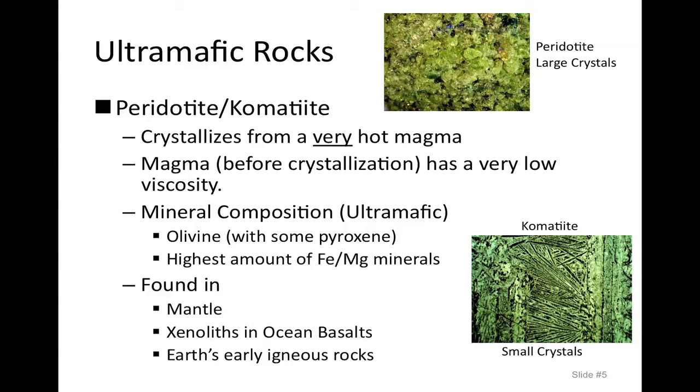And there's only a few places in the world that you can find komatiite outcrops, and that's mostly in Africa. We don't even have any outcrops like that in the United States. Peridotite you can find much more commonly, mostly embedded in basalt that's come up from the mantle, usually through decompression melting processes.